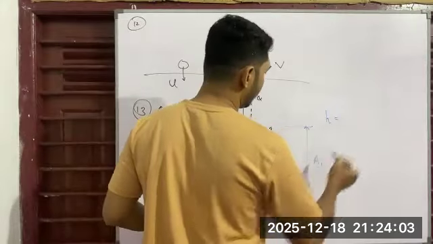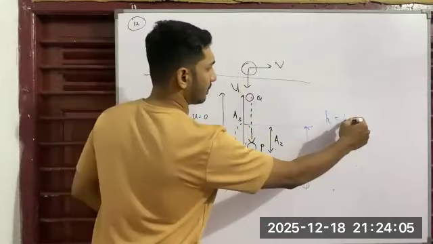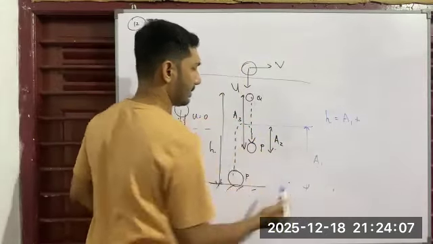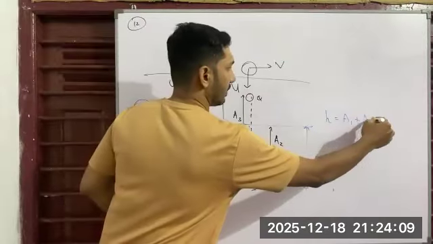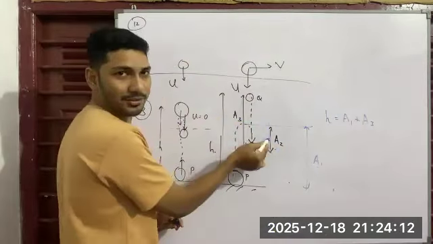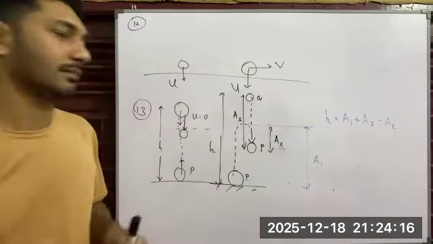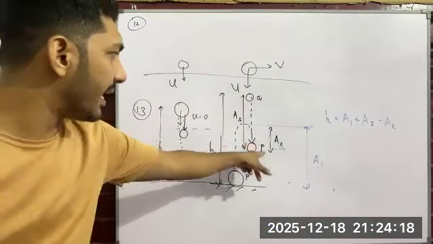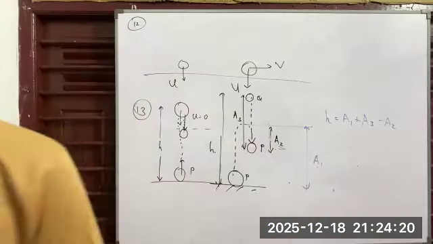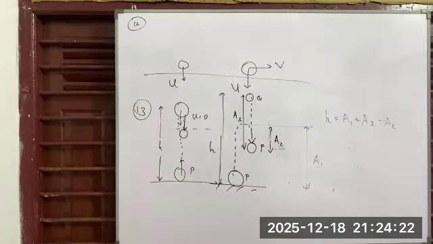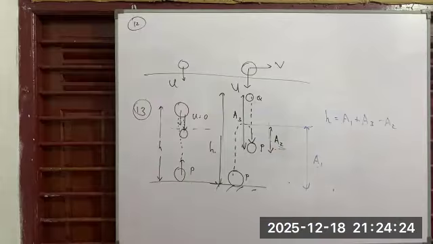H will be equal to A1 plus A3, but there is an overlap, no? So here subtract the overlap, minus A2. This A2 is added to this and this, but you can use it only once. So you subtract it so that you are using it only once.